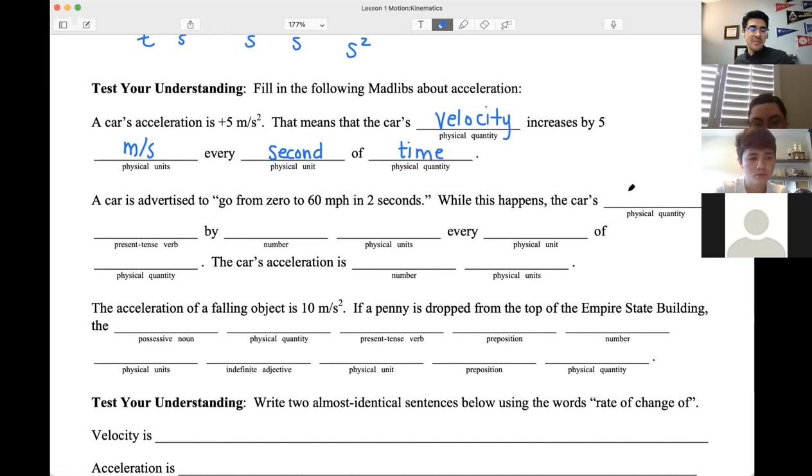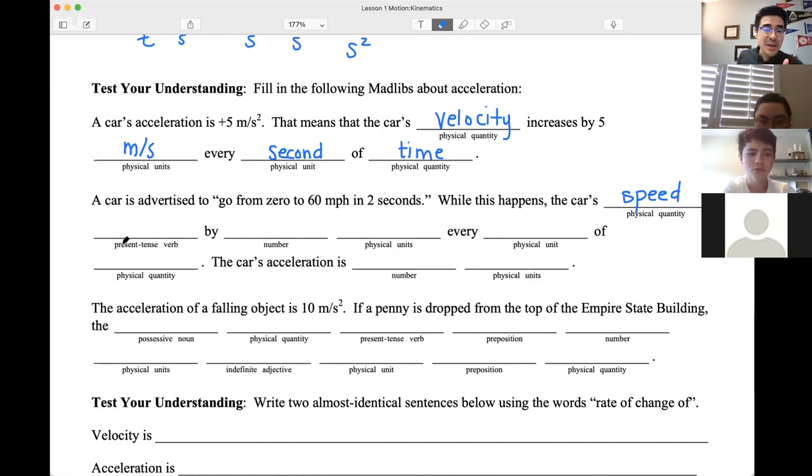Is it its velocity? This one's going to be speed, right? Because we're talking about a car, and we just talked about the car's speedometer. It doesn't measure velocity, it's just how fast it's going. It doesn't care about direction. So when we're talking about a real life scenario, we're talking about the car's speed.